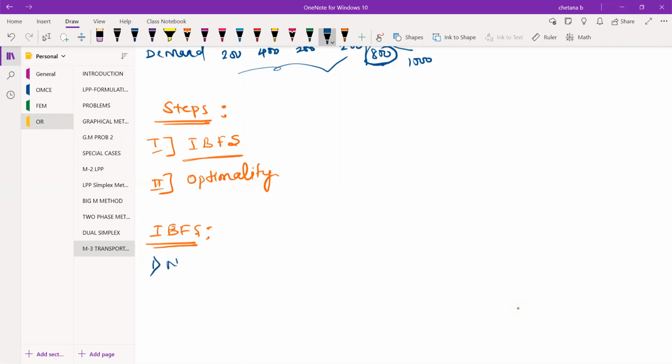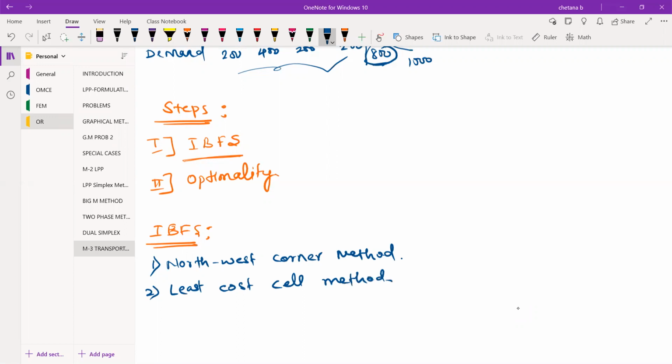Under this, you study three methods. One is the northwest corner method, then the least cost cell method, then you have the VAM method, which is Vogel's approximation method.